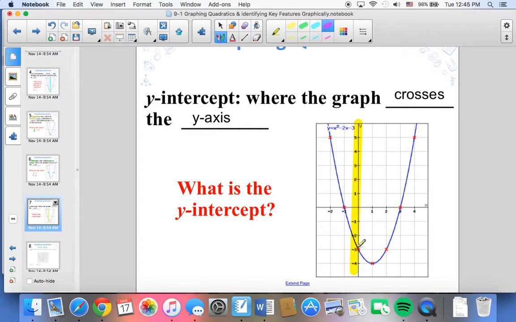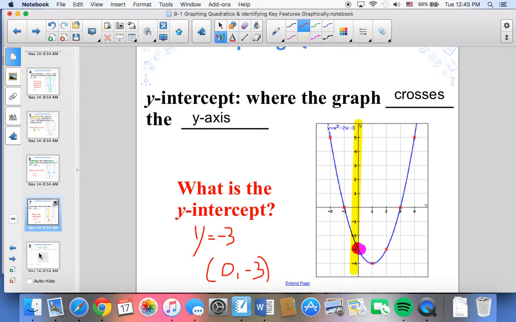Well, right here. I'm making that pinky purple color at (0, -3). So usually we say the y-intercept is y equals negative 3. You can write it as an ordered pair. That would be (0, -3).